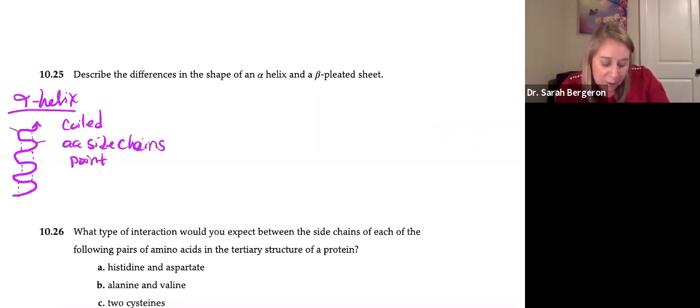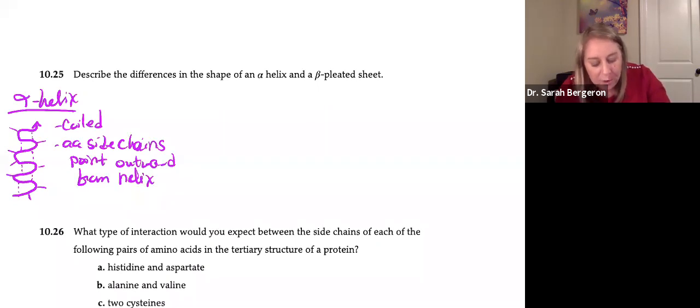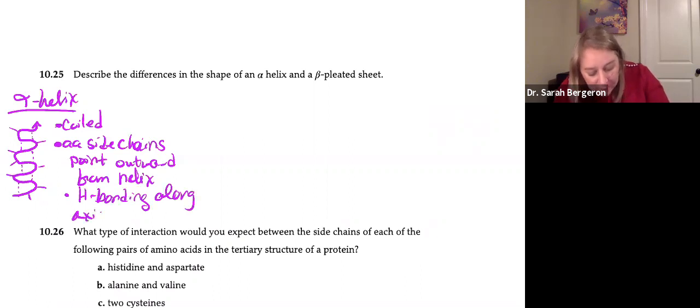They just stick outward and don't interact within the one helix. So there's a coil, and the amino acid side chains point outward from the helix. What else? I drew it, but I didn't say it. You have hydrogen bonding along the axis of the helix every about 4 amino acid residues.